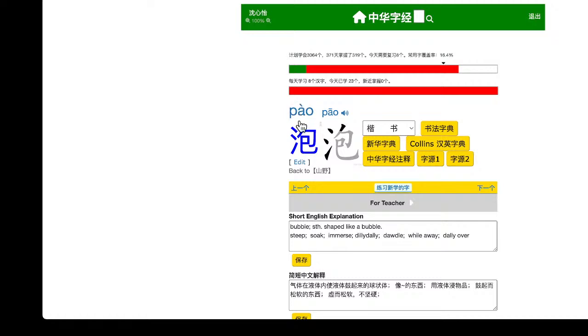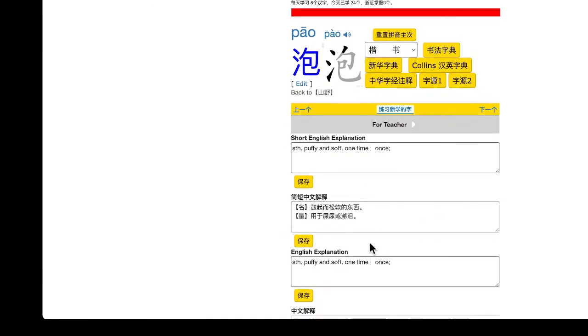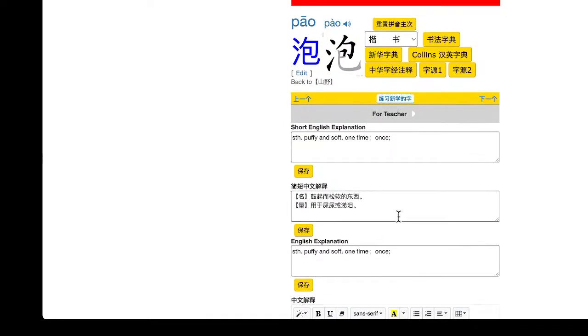泡 is a verb or a noun. Another meaning is 松泡泡, as an adjective or noun meaning something very soft with a lot of bubbles in it.